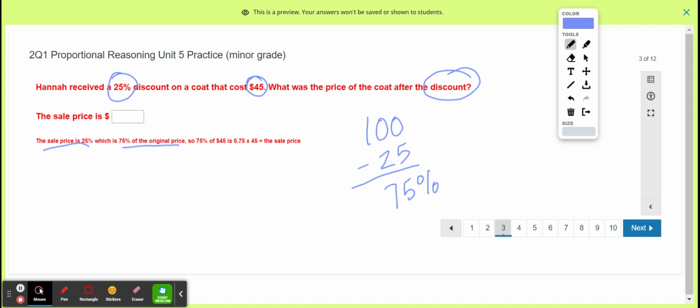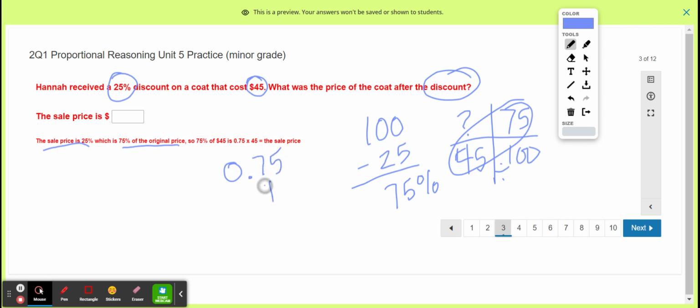And we could use the proportion 75%. So 75 goes over 100. And then we have 45 for the total price. But a quick mathematical way is multiplying diagonally and dividing by 100, which is the same as multiplying 75 hundredths times 45. 5 times 5 is 25. 5 times 7 is 35 plus 3, 38.